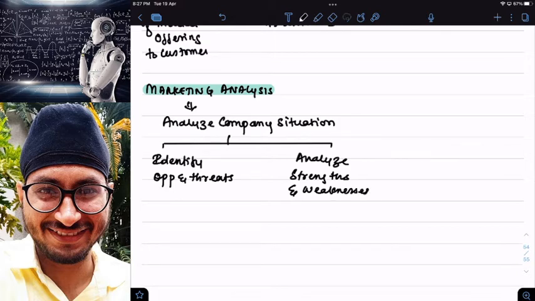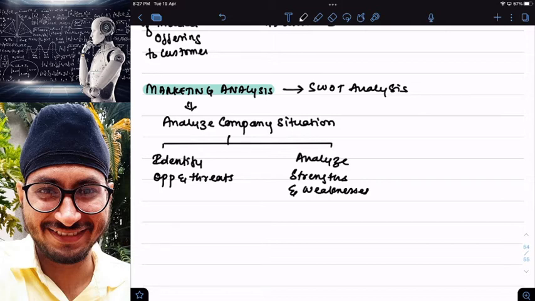In simple words, marketing analysis performs SWOT analysis, in order to identify my strengths, weaknesses, opportunities and threats. I should use my strengths and exploit my opportunities, and I should try to reduce my weaknesses and threats.